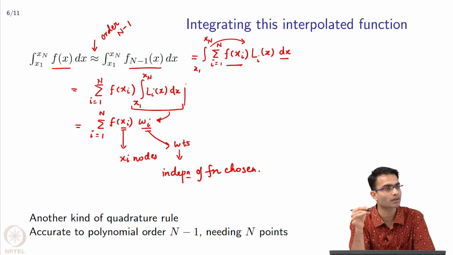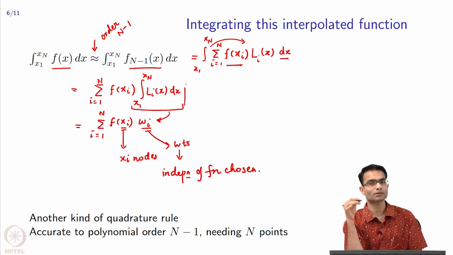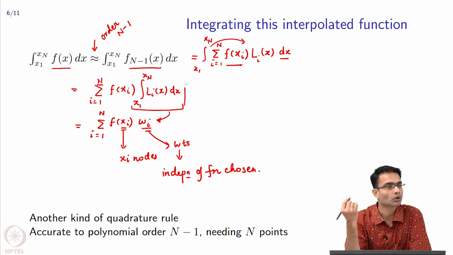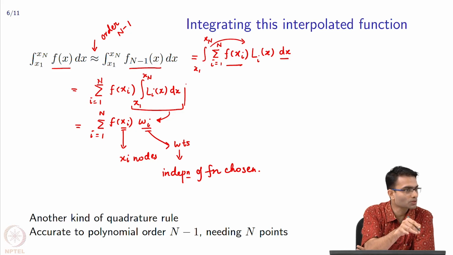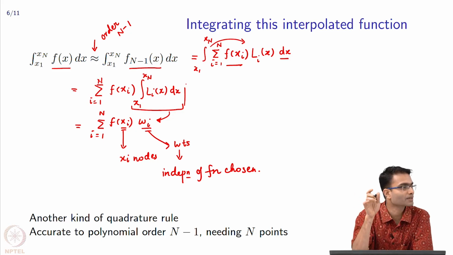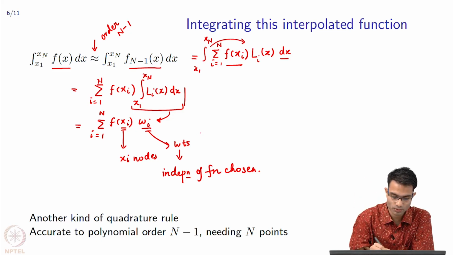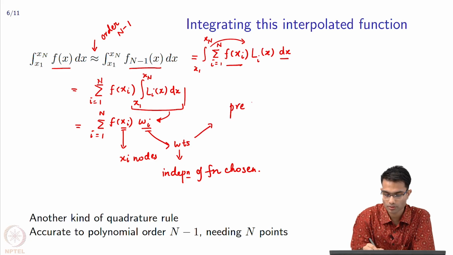Right. So, these can be pre-computed. So, when you get your function that you want to integrate, what do you have to do? All you need to know are the nodes, calculate the function values at those nodes, multiply by pre-computed weights, right.